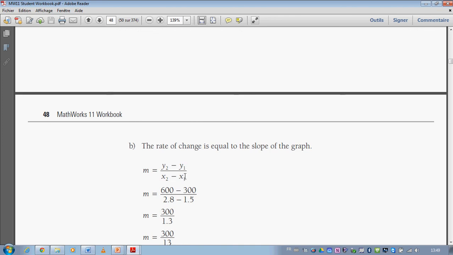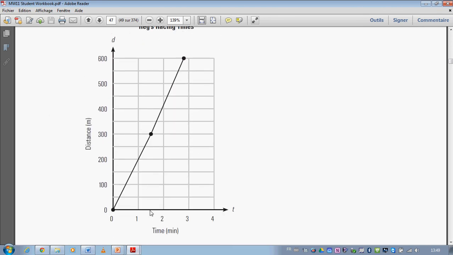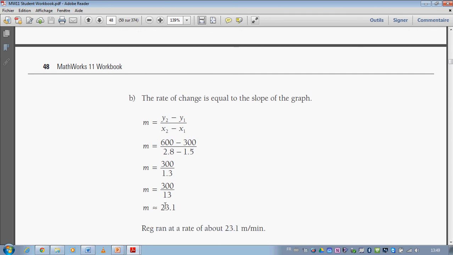Now this is point 1, so x1, y1. So here it was at 1.5 minutes, which is your x, he's traveled 300 meters, which is your y. So there you go. Y is 300, x is 1.5. 600 minus 300, and you just set it up like that, over 2.8 minus 1.5 gives you 300 over 1.3, and then you just divide the two to get 23.1.